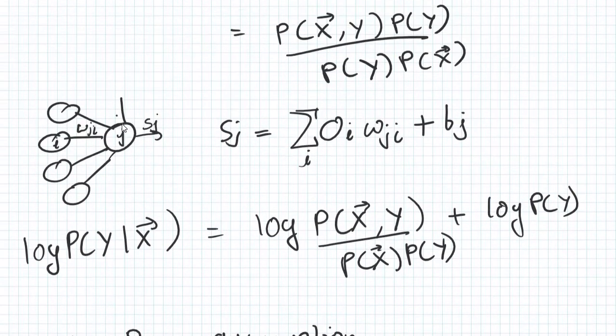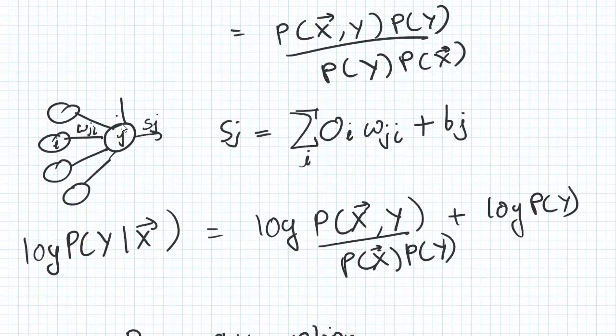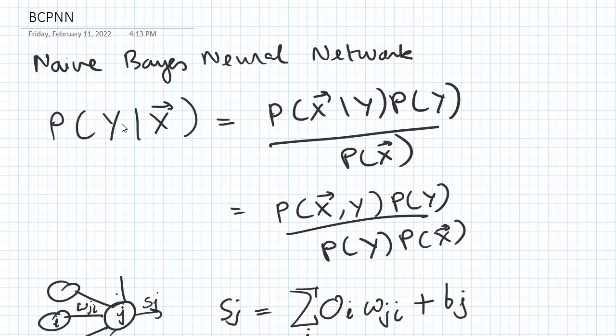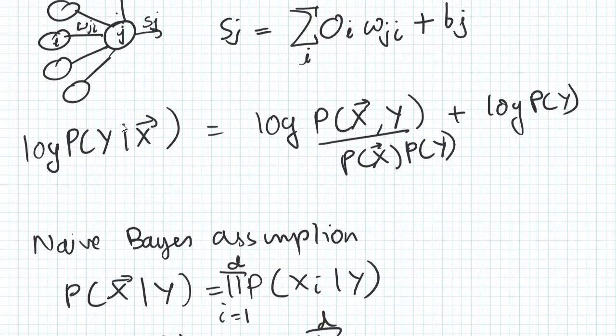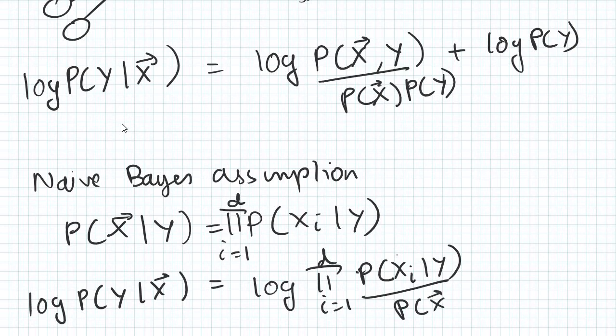Remember, this is again the conditional distribution p of x given y, divided by p of y, that is. So you get p of x_i given y divided by p of x.